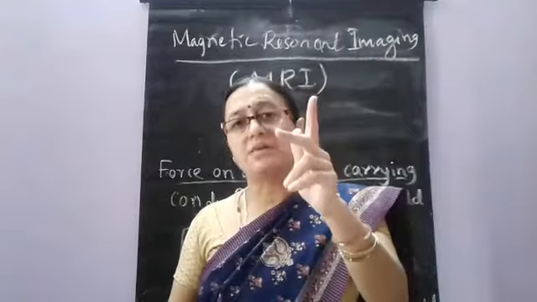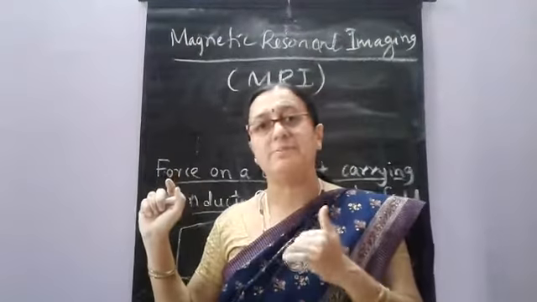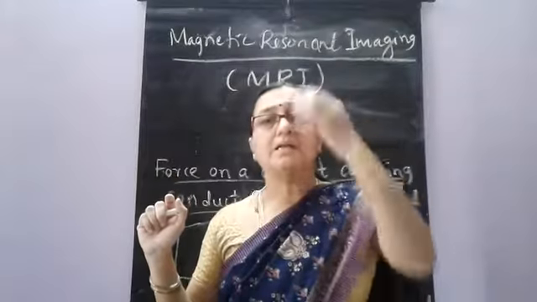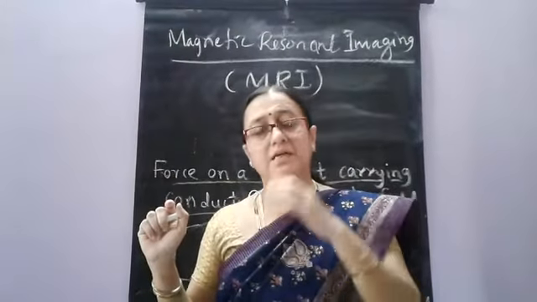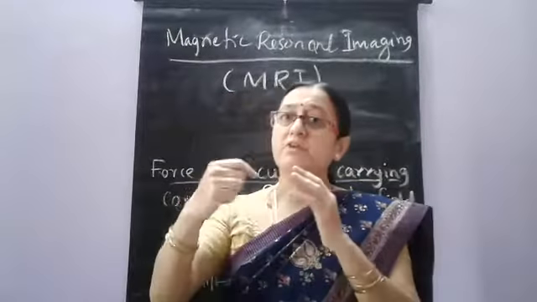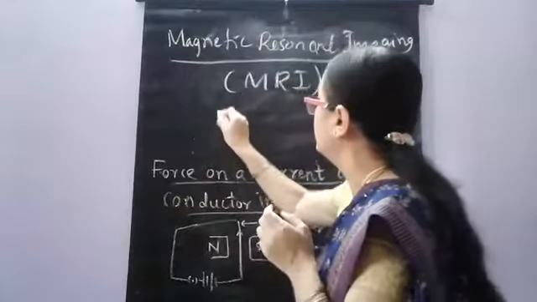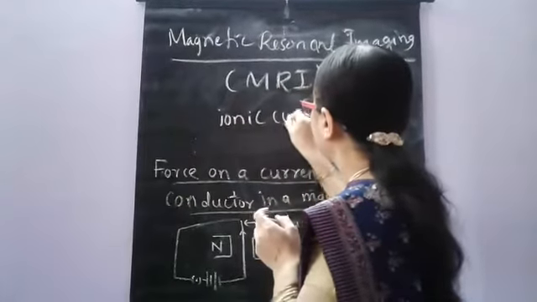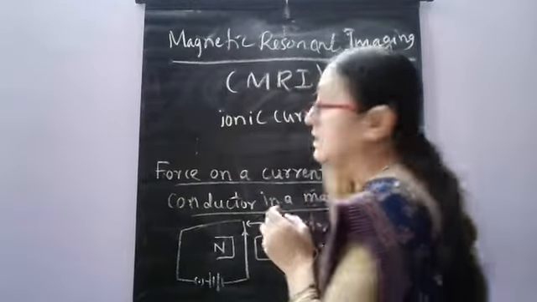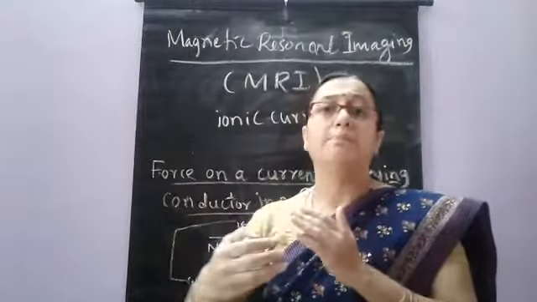There are two main organs which are producing this electric field and magnetic field in our body. One is the brain, the other one is the heart. The heart, because of its pumping effect, produces vibrations in the form of minute electrical signals. They are called ionic signals or ionic current, which takes place in our body through the flow of blood.